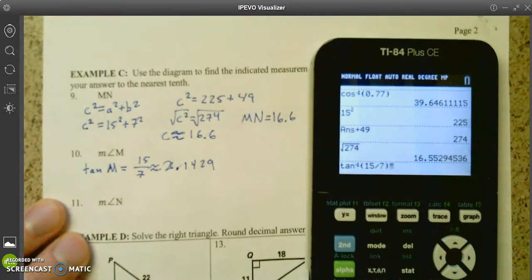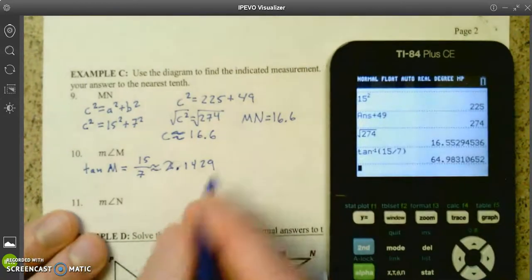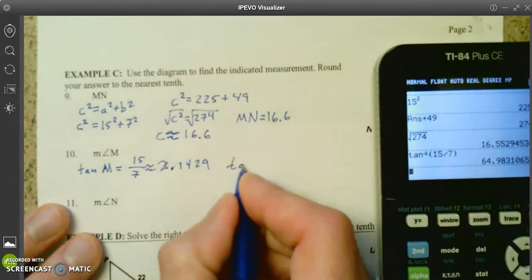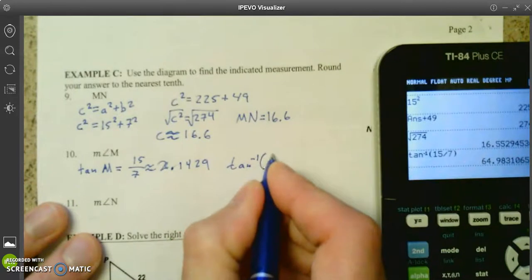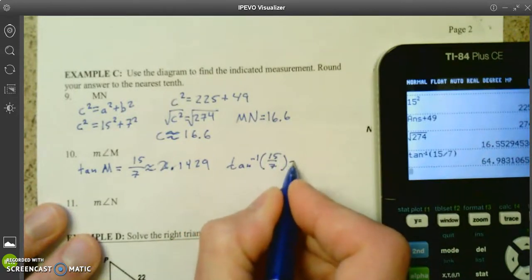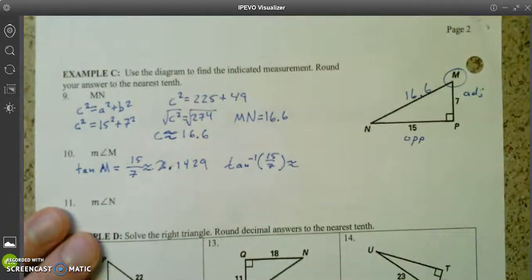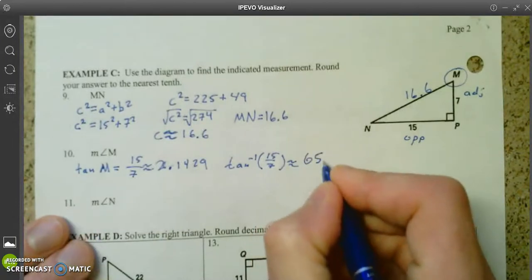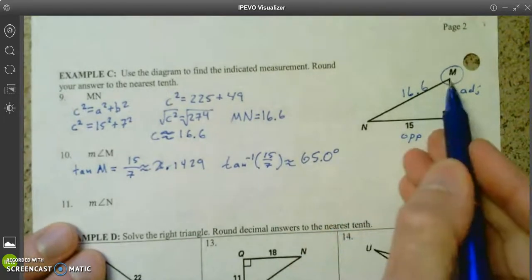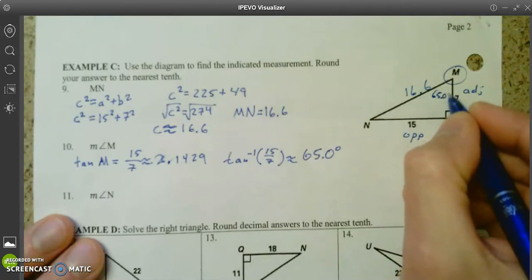But I'm going to go ahead and do 15 divided by 7. This will give me the measure of angle N. So inverse tangent of 15 over 7 is approximately 65.0 degrees. And so that gave me this angle measurement here. So I know that this is about 65.0 degrees.